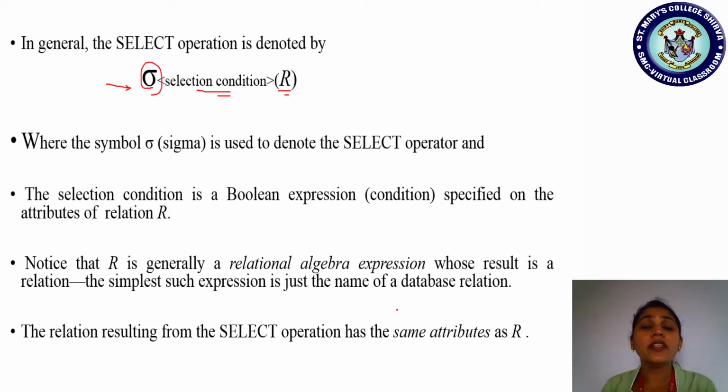Whenever the result is given, like the employee relation whose salary is above 30,000, let us assume that some 10 or 20 employees are drawing more than 30,000. If that information is displayed as a relation, as a table, the table consists of the same attributes as the original employee relation.